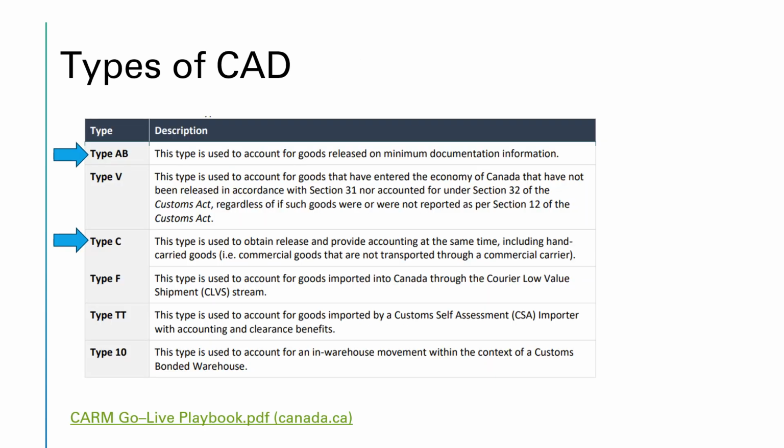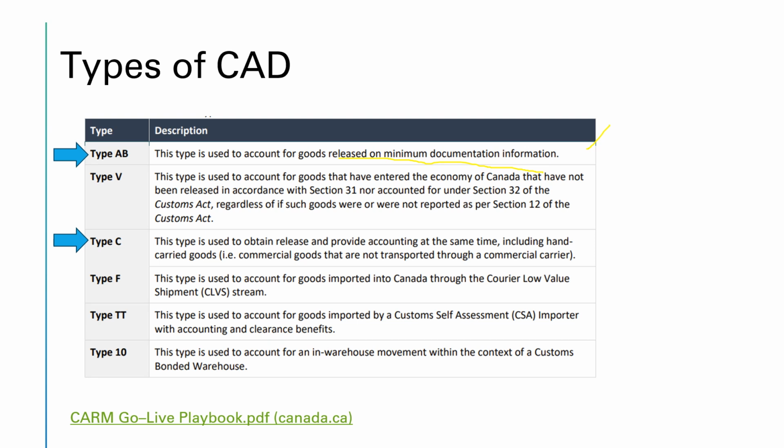Now, what are the types of CAD? So they simplified a little bit. So now we have what we always know, the CAD form, and this is based on minimum documentation.